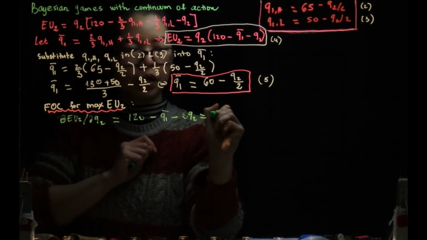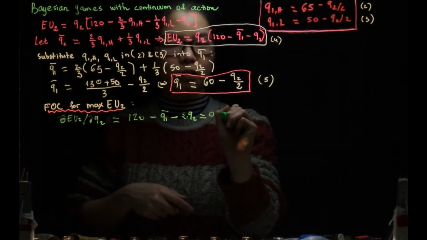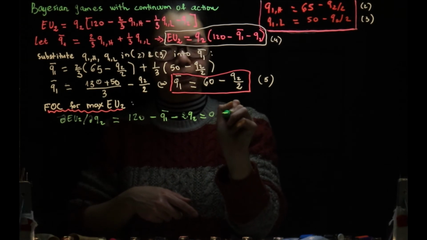And set them equal 0. That's the first order condition of expected payoff maximization.